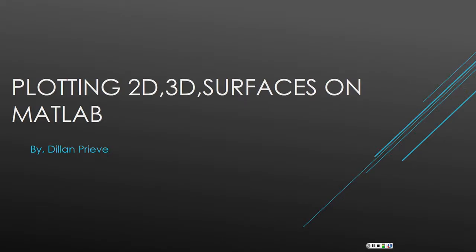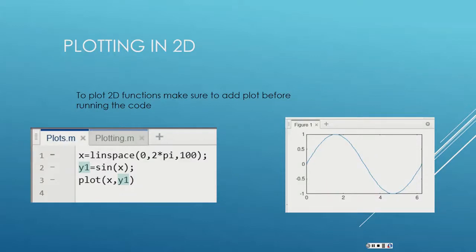Okay, so I did plotting 2D, 3D, and surfaces in MATLAB. So plotting in 2D, this is just a basic sine function that you have to define your x terms, which I'll go into a little bit more, and then your actual function, and then for 2D you simply write plot, and then your x, and then your variable.